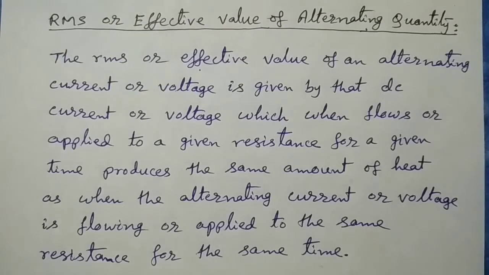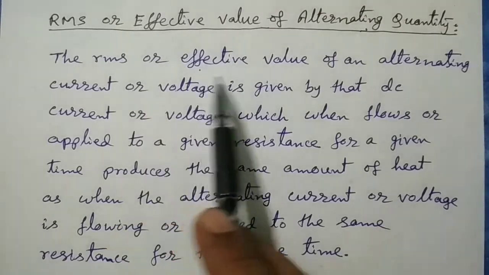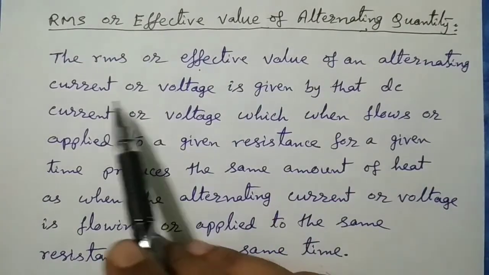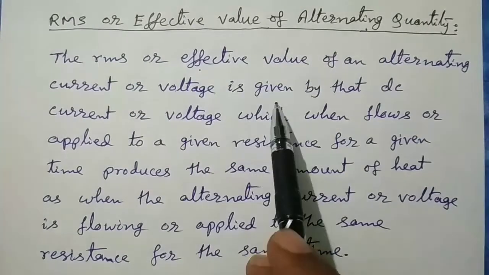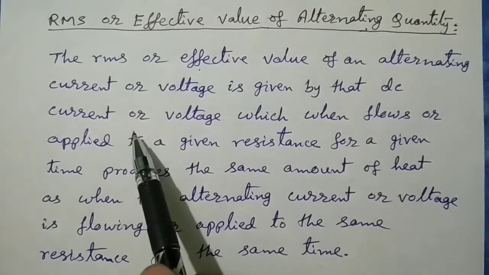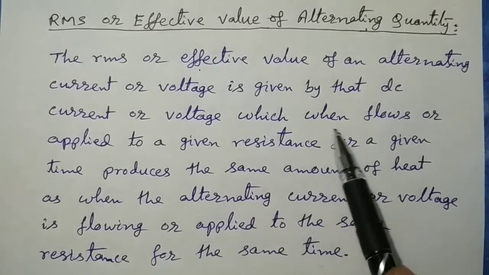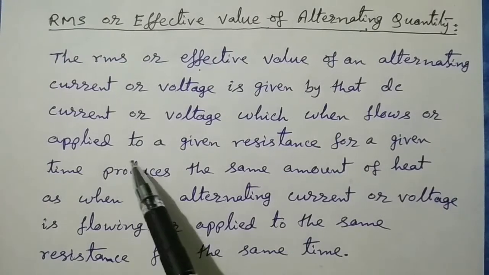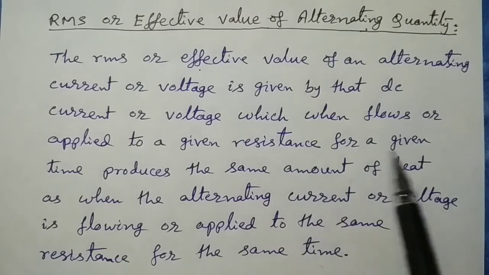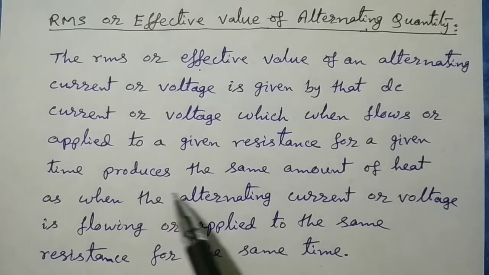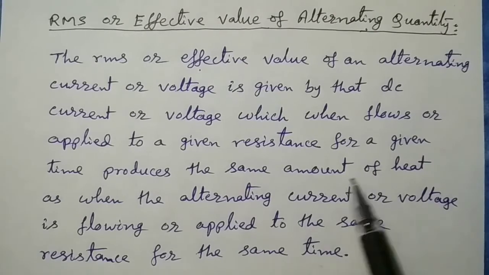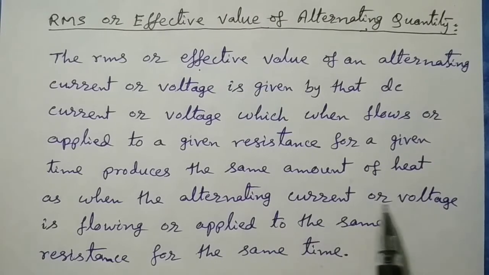Now the RMS or effective value of an alternating quantity. Here the definition is: the RMS or effective value of an alternating current or voltage is given by that DC current or voltage which, when flowing or applied to a given resistance for a given time, produces the same amount of heat as when the alternating current or voltage is flowing or applied to the same resistance for the same time.